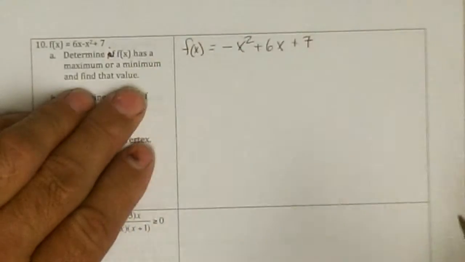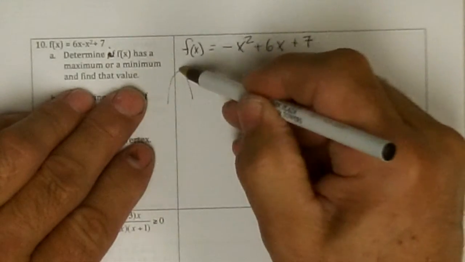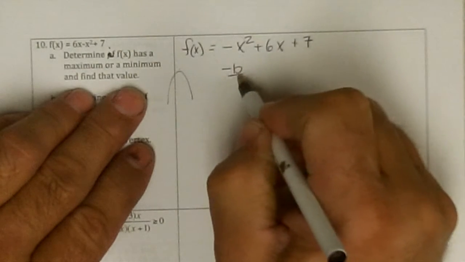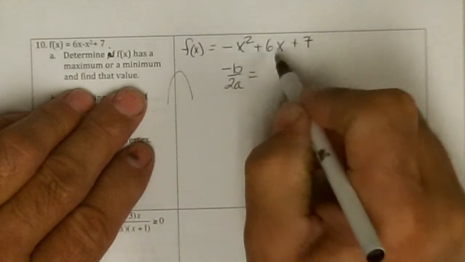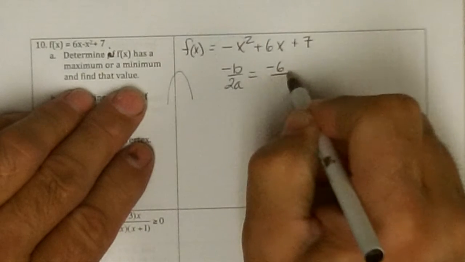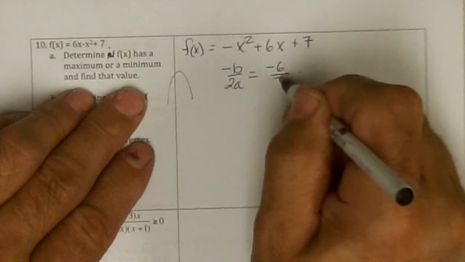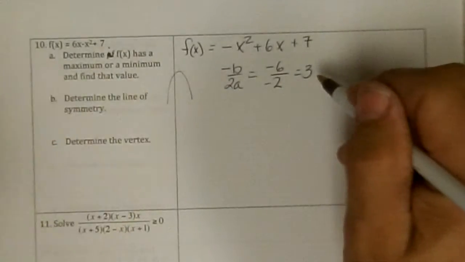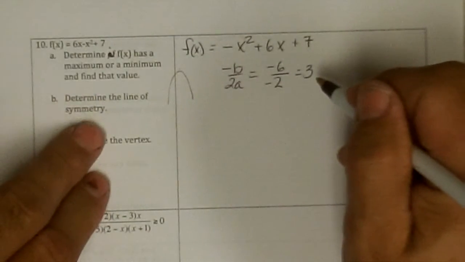So if it's an upside down parabola, it will have a maximum, and it'll be at minus b over 2a, so that'd be negative 6 over negative 2 or 3. So that's the x value that it occurs at.